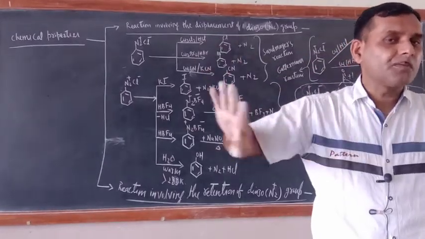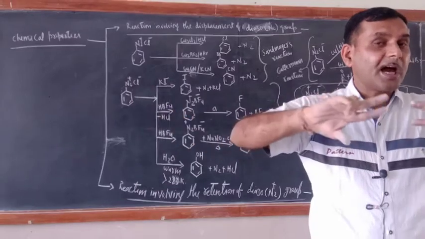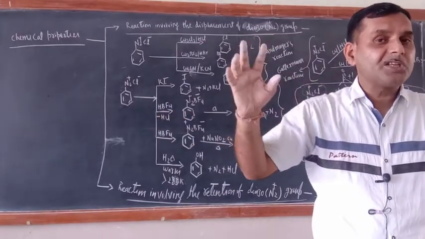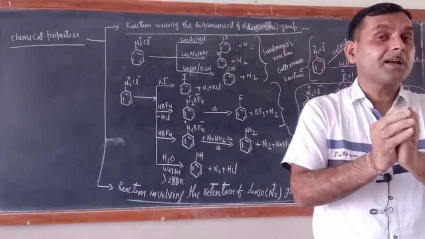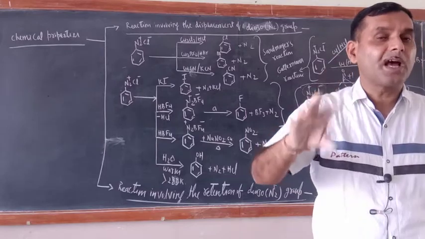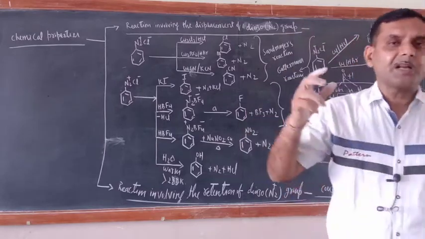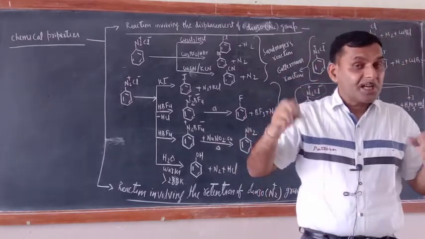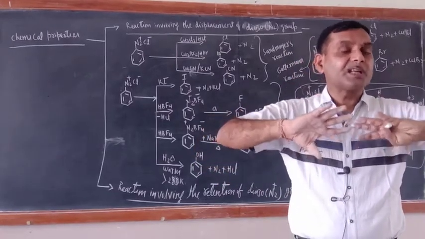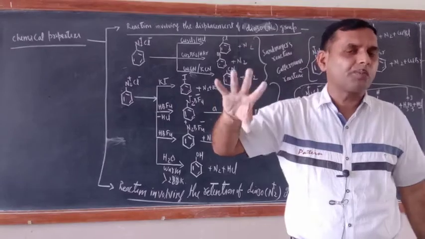Means the diazo group will not be replaced. That will hold the two benzene rings. Means two benzene rings are coupled together with the help of the diazo group. That is why this reaction is known as coupling reaction. So what is the meaning of coupling reaction? A reaction in which two benzene rings are held together by the diazo group.